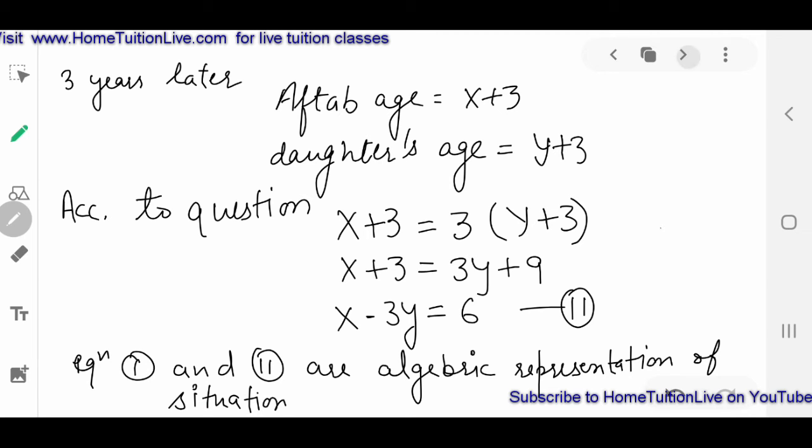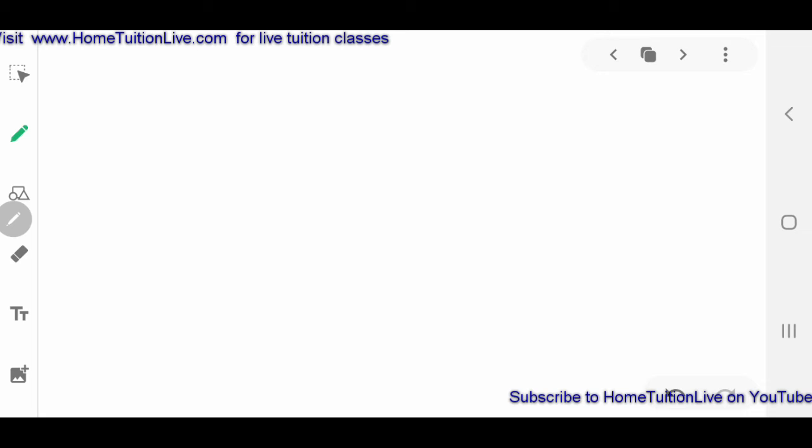Now for the graphical representation, we will put some values of x in both the equations and we will get the y value. First equation is x minus 7y equals minus 42. So we will put some x value and we will get y. How?